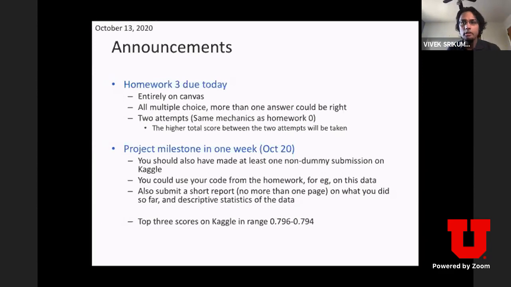There's also a project milestone. For that you need at least one non-dummy submission, and you need to submit a short report on Canvas. I expect no more than a paragraph or two.